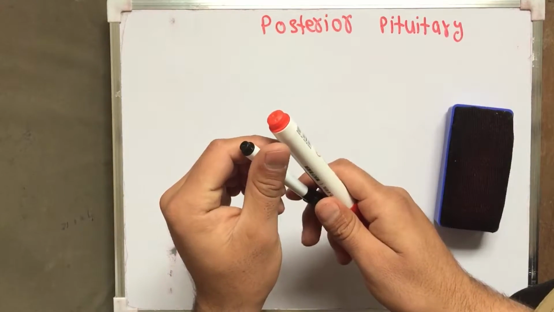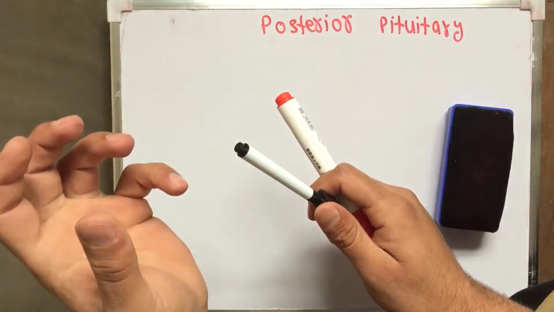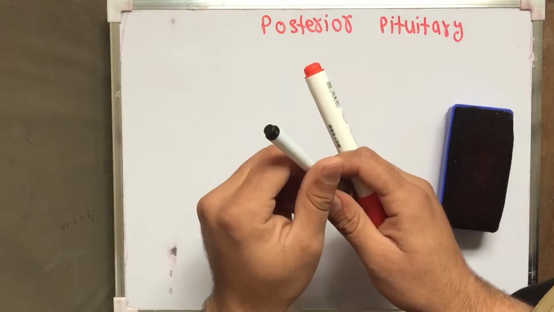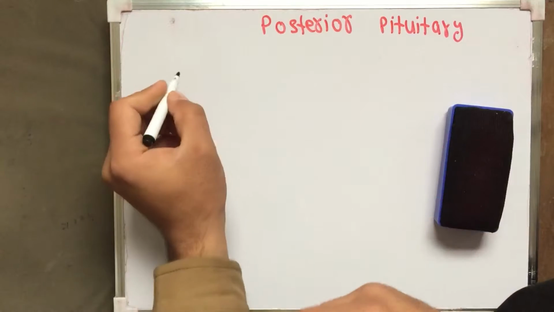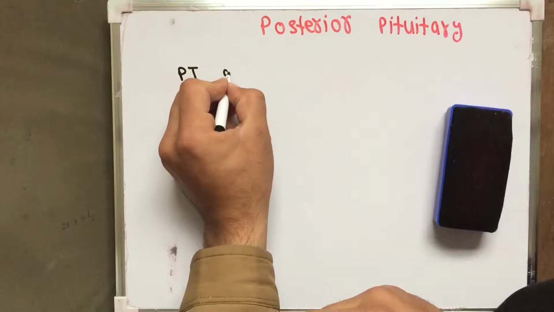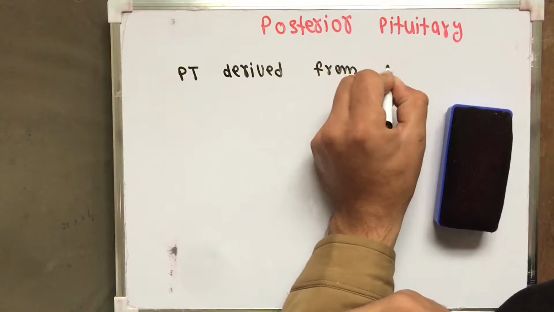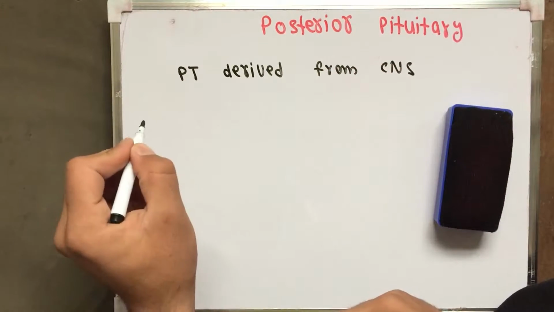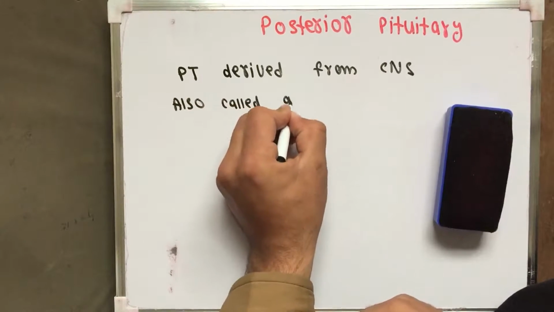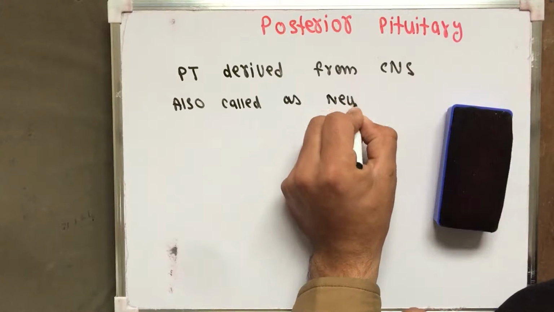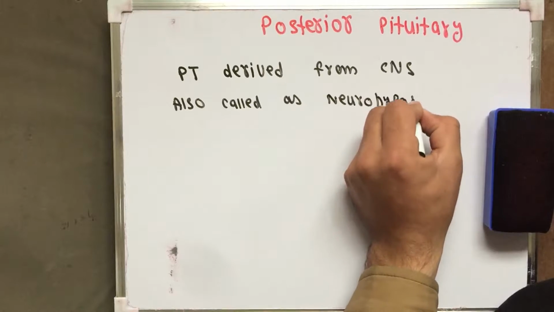So that's why posterior pituitary is also called neurohypophysis. Posterior pituitary is derived from the CNS, and that's why it is also called neurohypophysis.